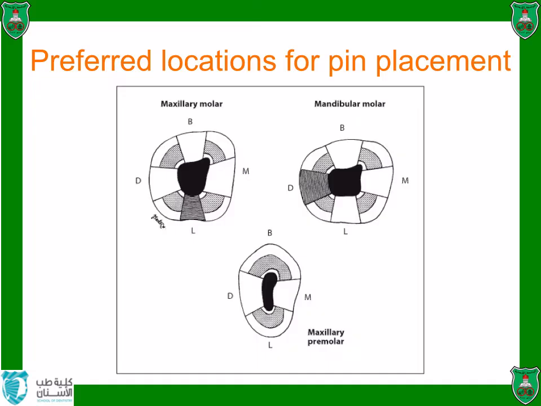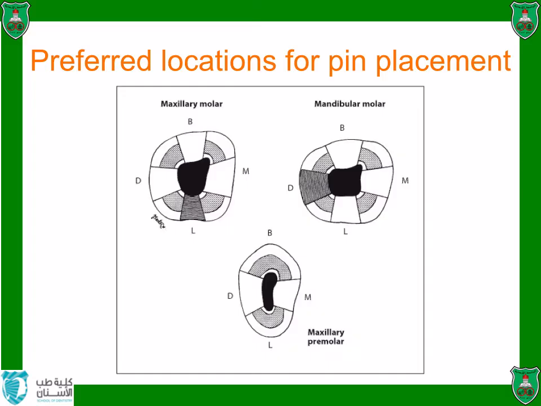So you can see that the white area represents the furcation position between those roots. So it's very dangerous to place your pin in the furcation area. You might cause a perforation into the periodontium if you place them here. The same applies for the mandibular molar and maxillary premolar.